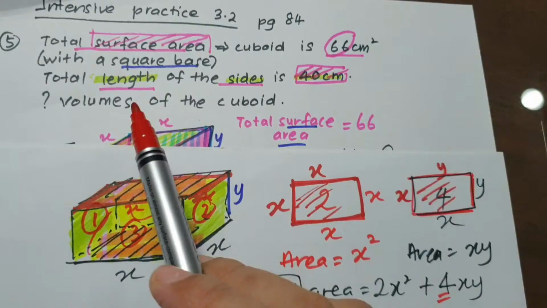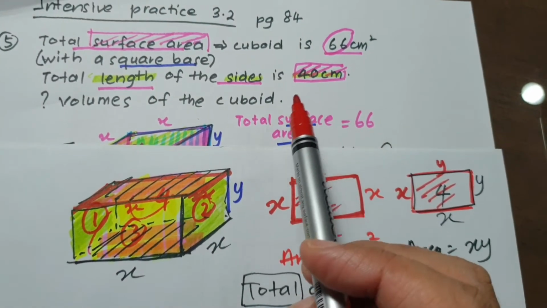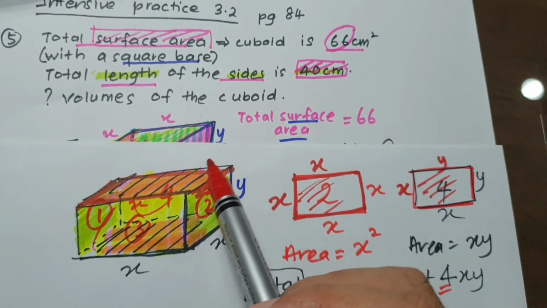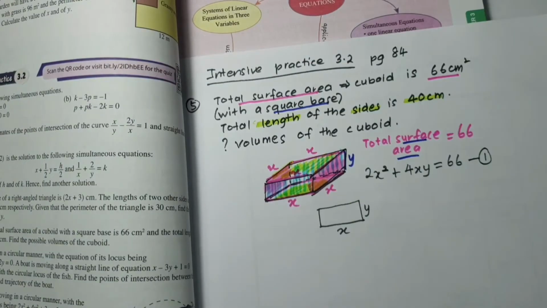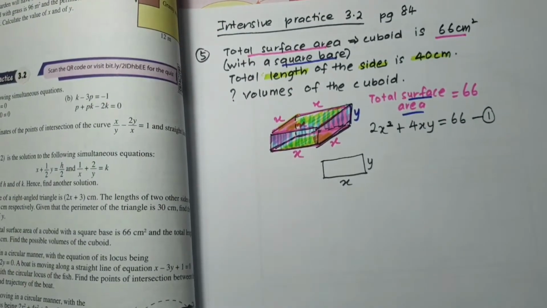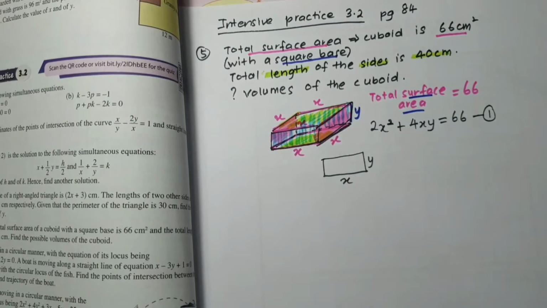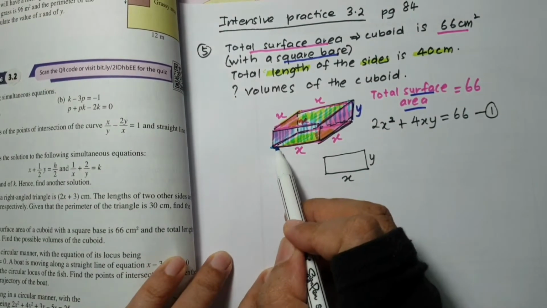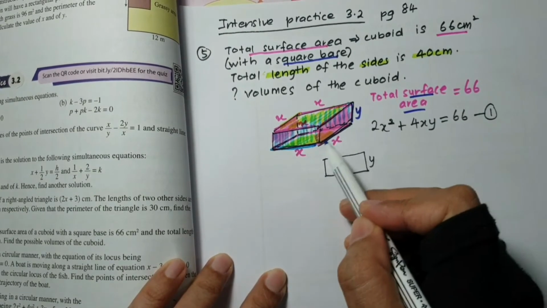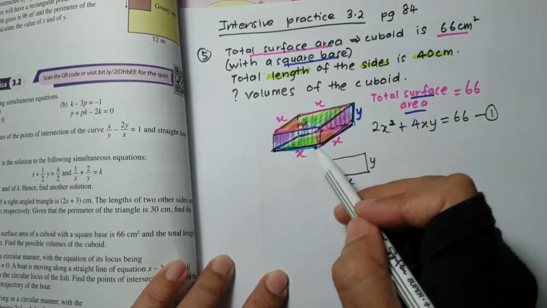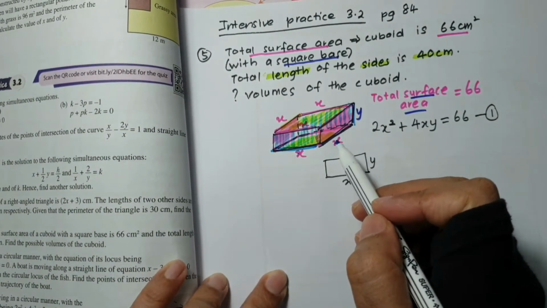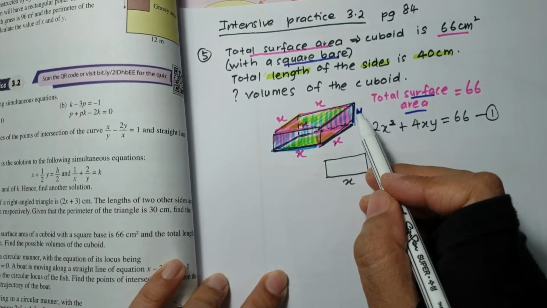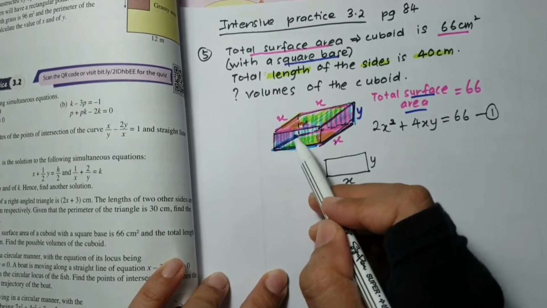Next, the total length of the sides is 40 cm, which means you need to find the perimeter of the whole diagram. Total length means you add up everything. So x plus x, plus y, then plus this one and this one.